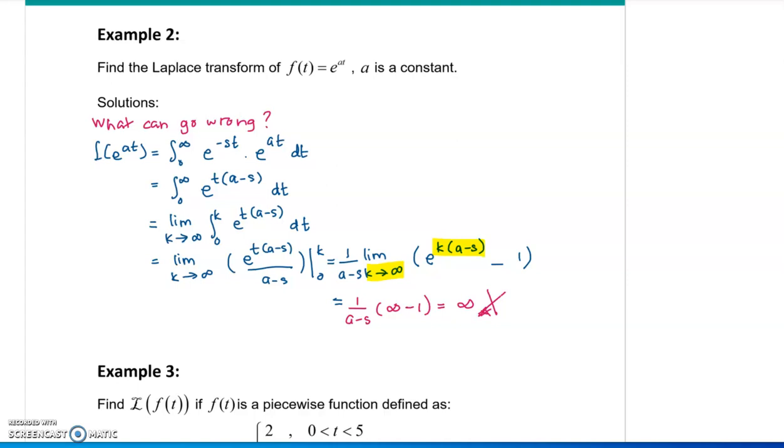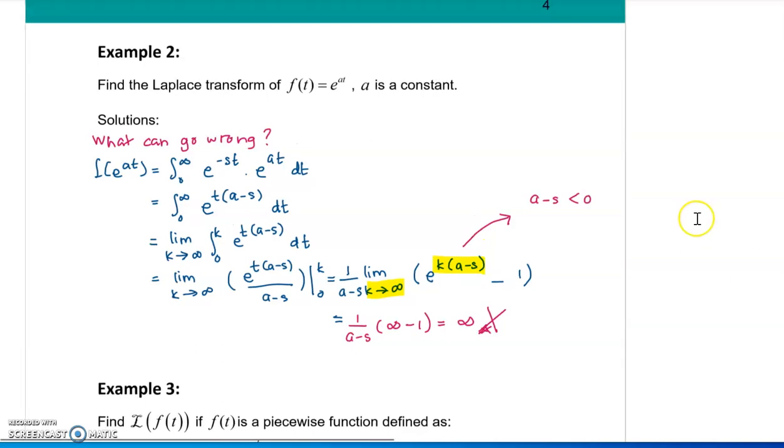If we go back to this term, in order for us to have the solution, a minus s needs to be negative. If it is positive, then we will have e to the power positive infinity, and the answer would be infinity, which is not applicable to the Laplace transform.